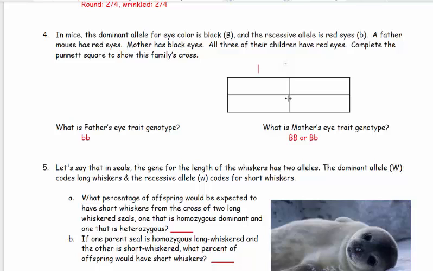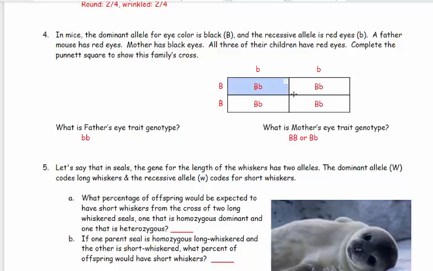Now let's try to fill out a Punnett square here. Let's start with the father on top. Okay, let's talk about the possibility of 2 big B's for mom on the side. Is it possible to produce children that have red eyes?